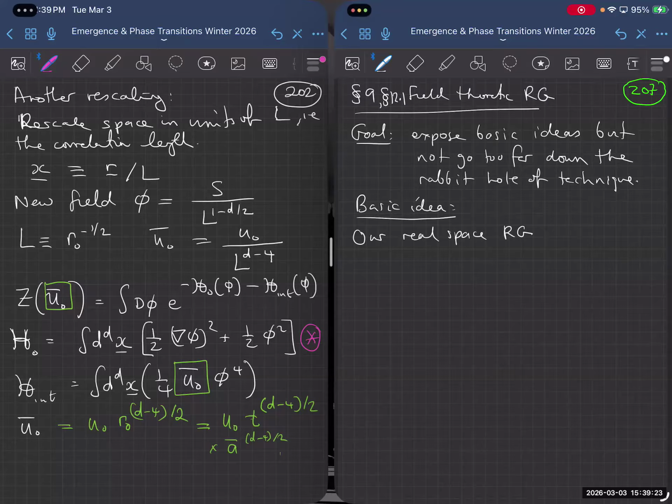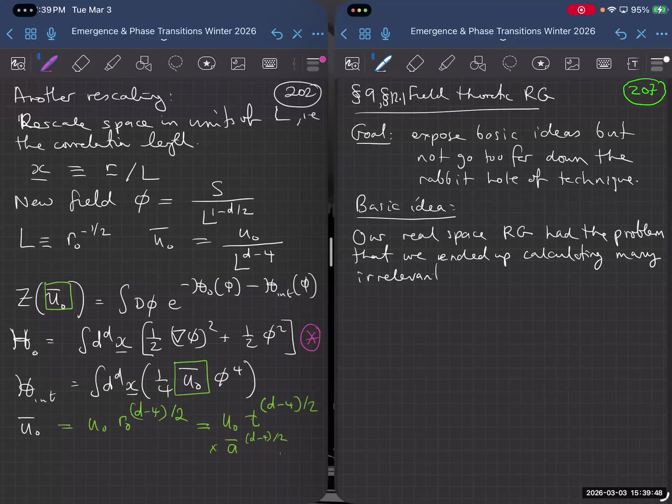So our real space renormalization group had the problem that we ended up calculating many irrelevant terms in the effective Hamiltonian.